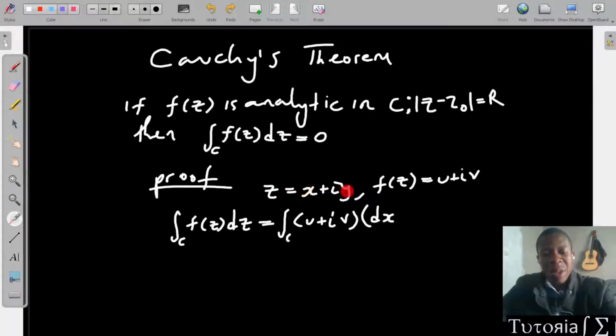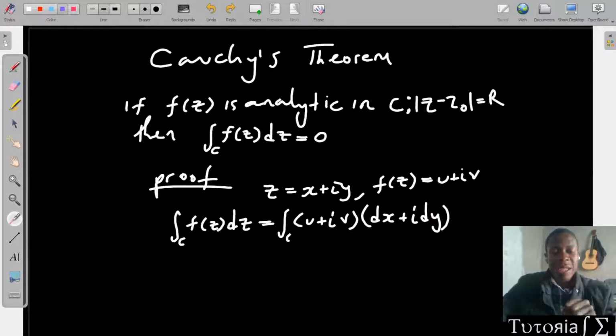Z is x plus iy, so we can distribute the d inside, so it will be dx plus i dy.